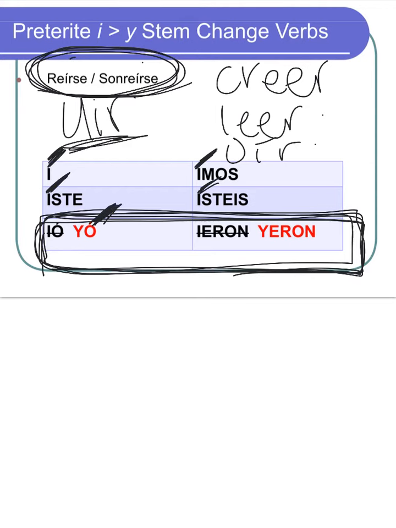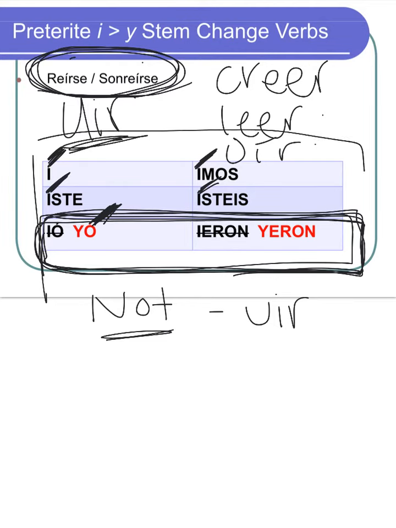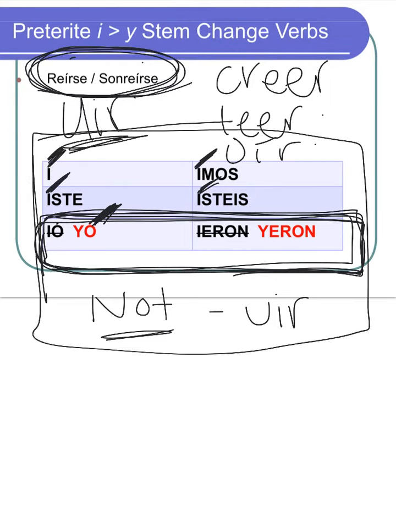If you turn to the front of your red paper and you look down 1, 2, 3, 4 sections, there's a section called I to Y verbs. This chart right here is your not uir chart. And I need you to write that down for me in your notes. This chart right here is your not uir chart.